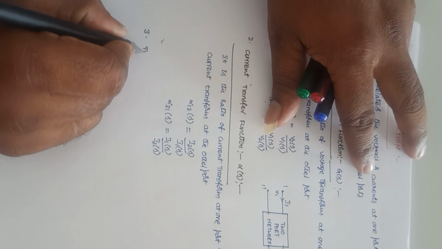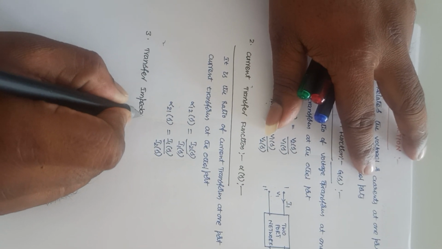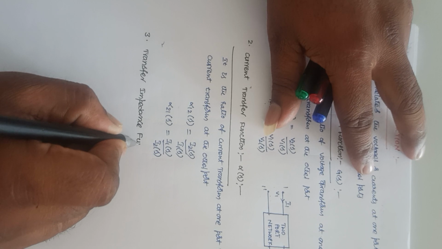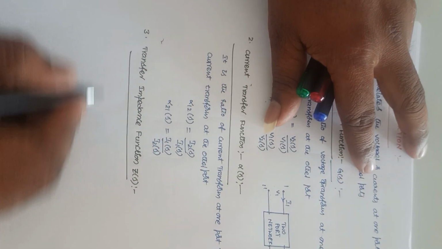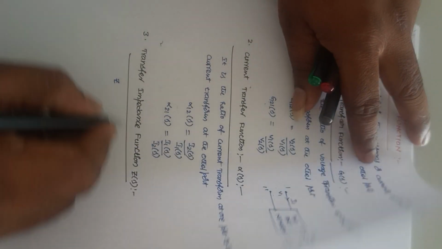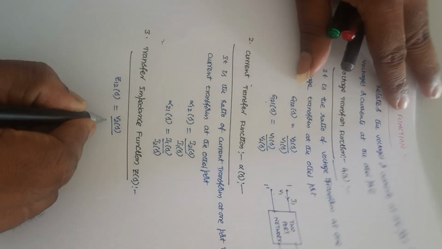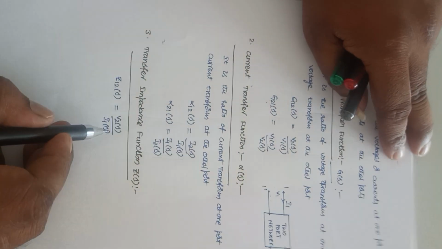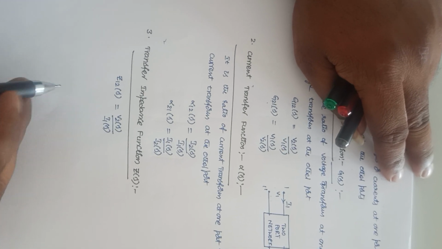Next, third one is transfer impedance function. So it is represented with Z of S. So this transfer impedance function can be defined as Z12 of S is equal to V2 of S divided by I1 of S. It is the ratio of voltage transform at one port to the current transform at the other port.